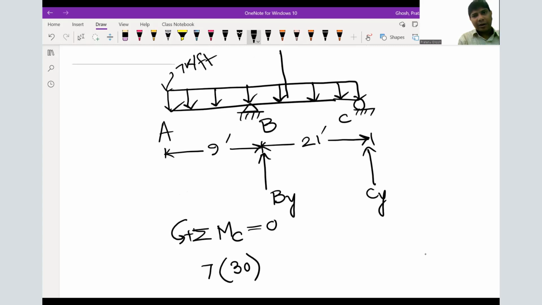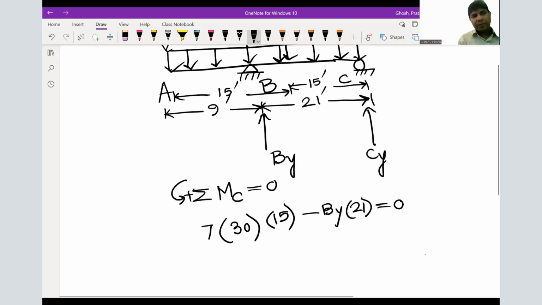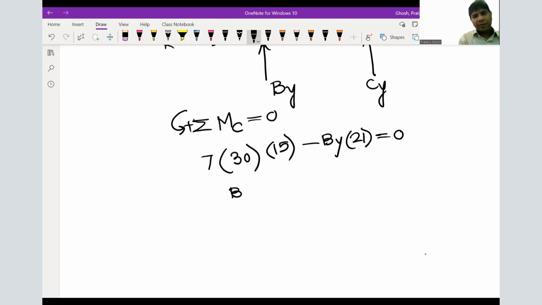So 7 times 30, and the distance is exactly in the middle, so 15 feet. That is going to create counterclockwise moment, and then By times 21 clockwise. So your By becomes 150 kips.